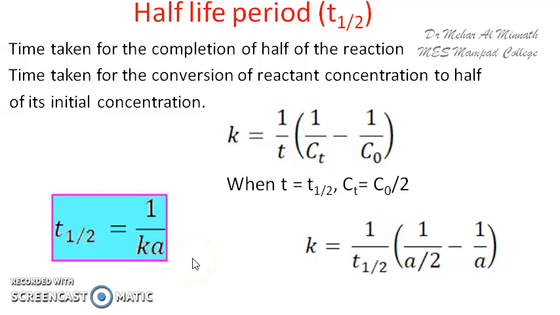Same is the case for any fractional change, be it t 3 by 4, t 1 by 4: the time is inversely proportional to the initial concentration of the reactant. So you have to remember this equation for second order reaction: t half is equal to 1 by ka, where k is the rate constant.